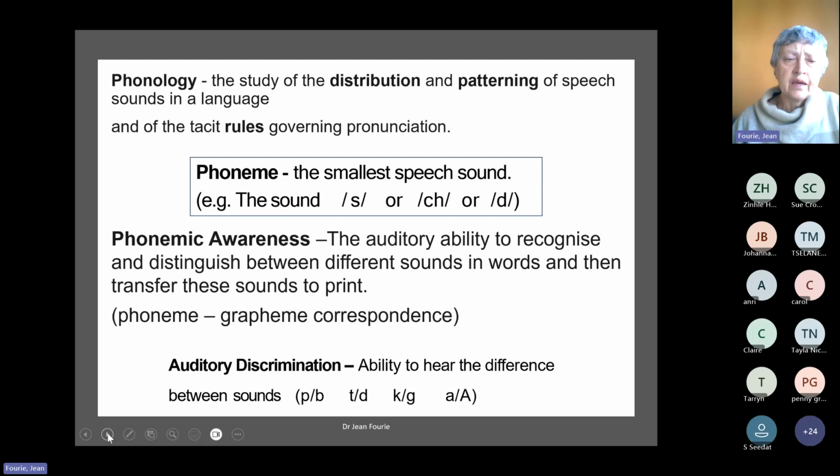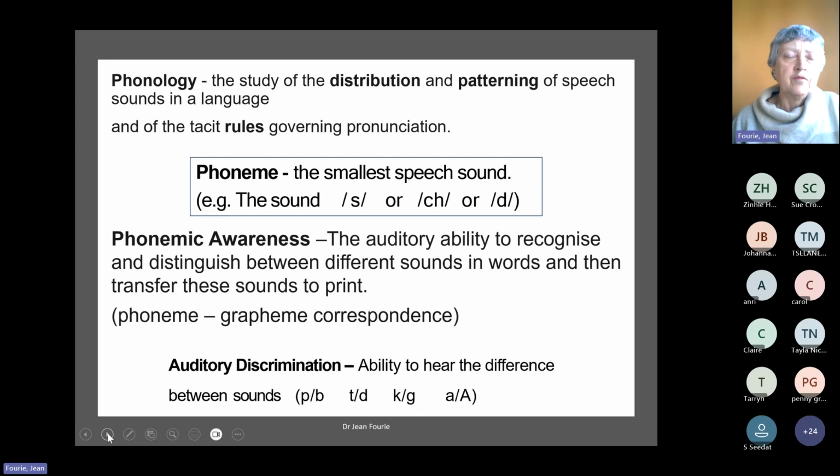So you need to be able to hear the differences between all these sounds, like the difference between a p and a b, which are very similar. One is voiced and one is unvoiced, and a t and a d, made with the same organs of speech, but one has voice and one is unvoiced, so it's very soft.